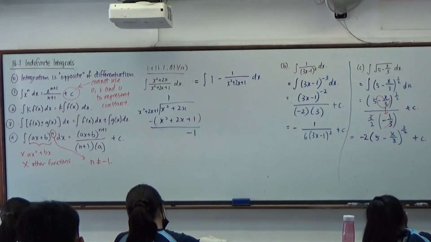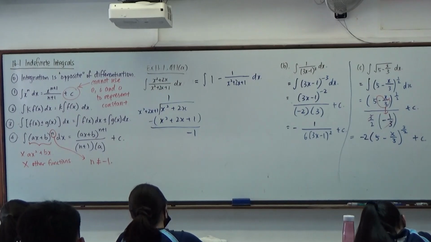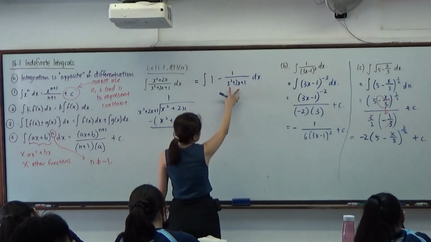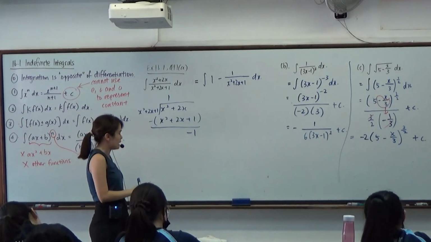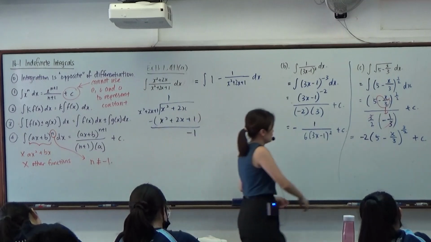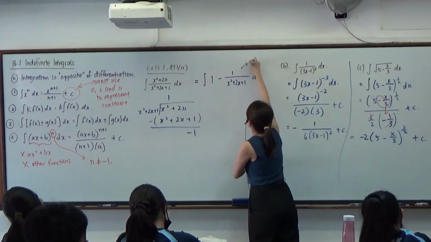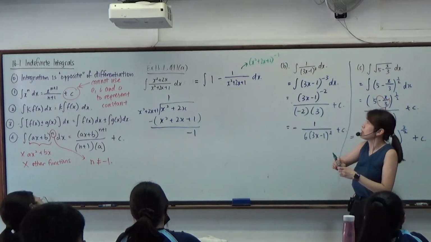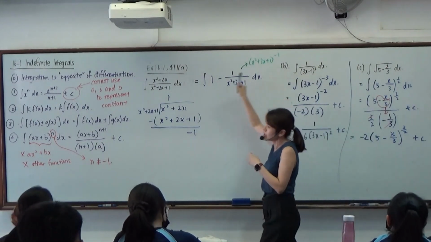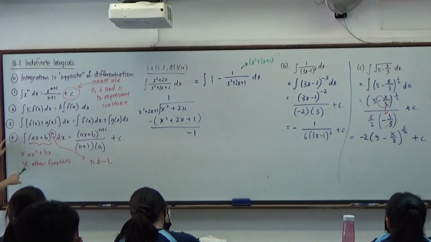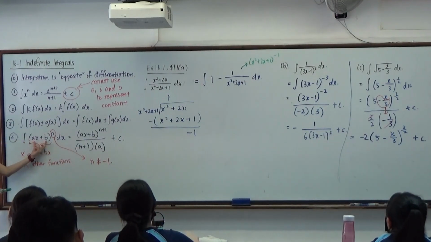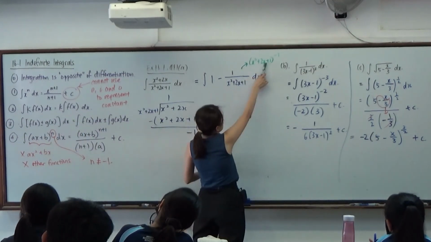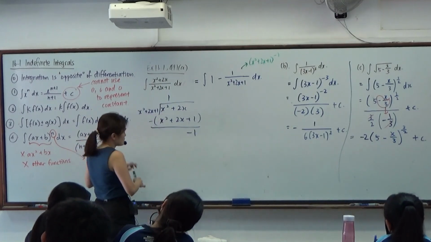But we'll still be posed with a challenge, because even if I were to re-express my x squared plus 2x plus 1 into something like x squared plus 2x plus 1 to the power negative 1, I still cannot integrate this because, as I mentioned, in order for us to use this rule over here, the inside must be linear, ax plus b. This is quadratic, so it will still not allow us to apply our laws over here.